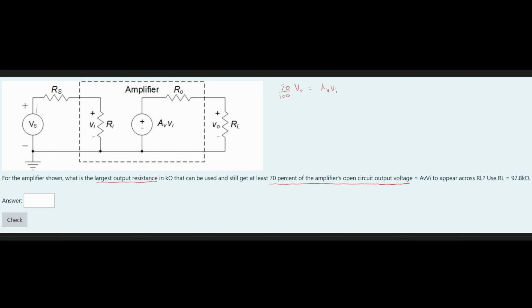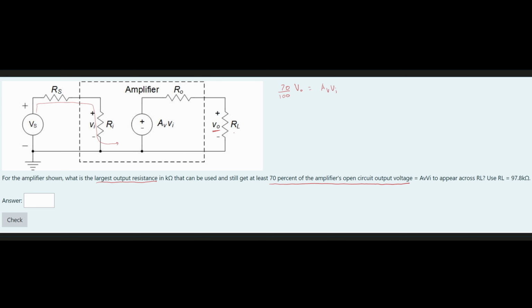Current is going to flow this way. Now we have the R naught and our RL over here, and the V naught here.